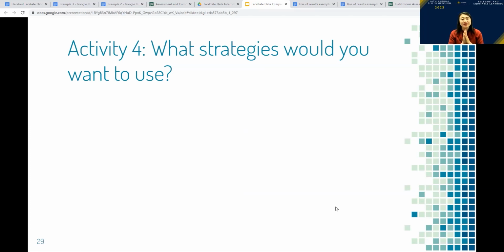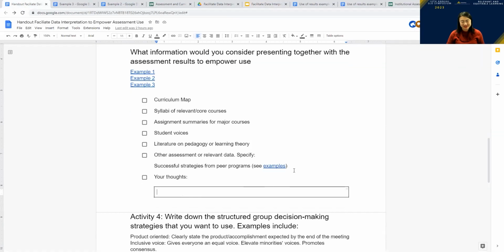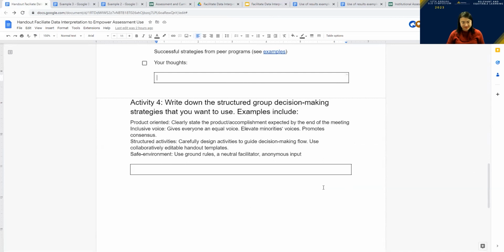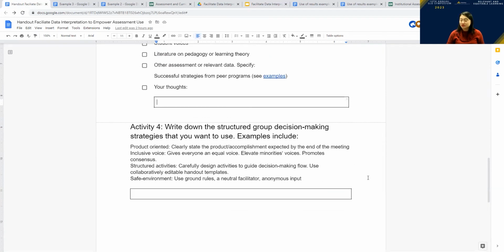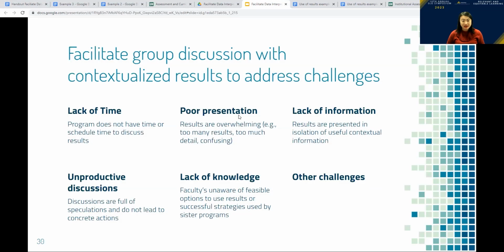So now, again, I'm asking you to take a moment to think about which one struck you most, which one or ones you might want to use. You can highlight them on your handout or write new ones. We have 2 minutes left, and this is pretty much the end of my presentation.